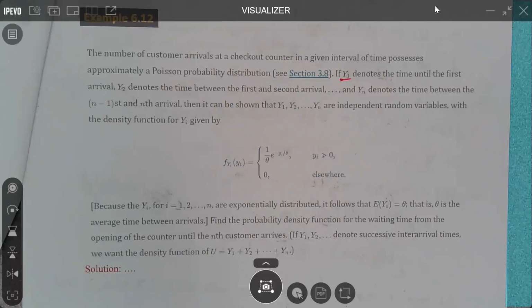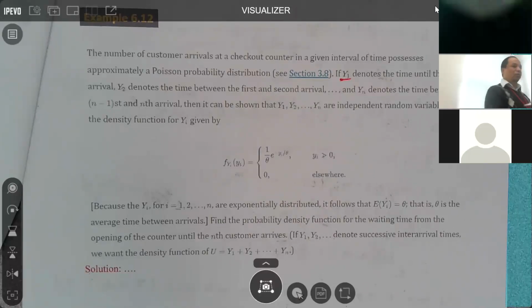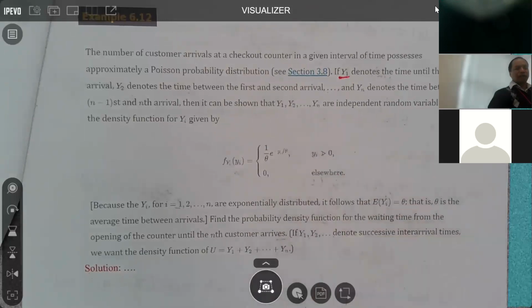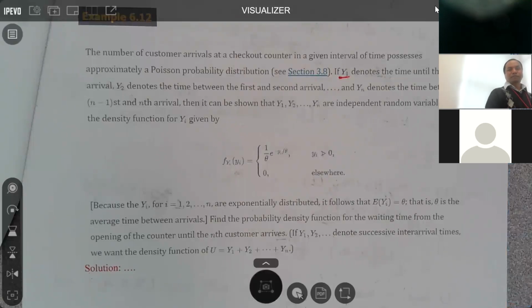Autumn, Tiana, what distribution does it belong to? Look at this. Is it exponential? Exponential distribution. Okay.